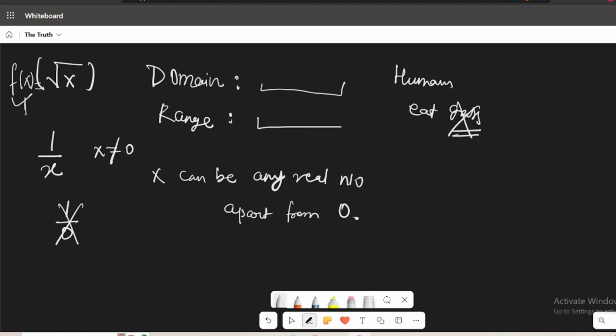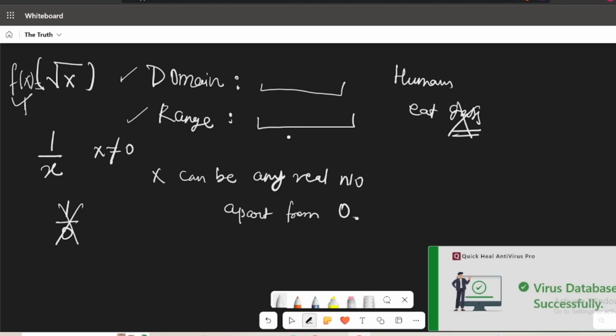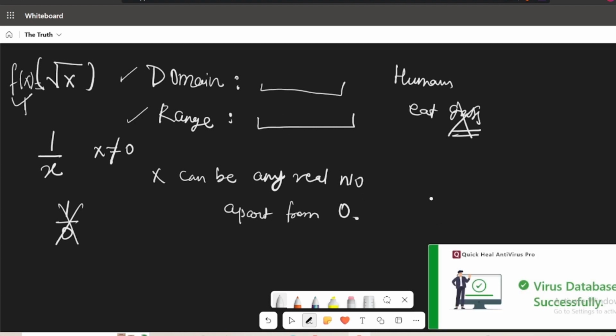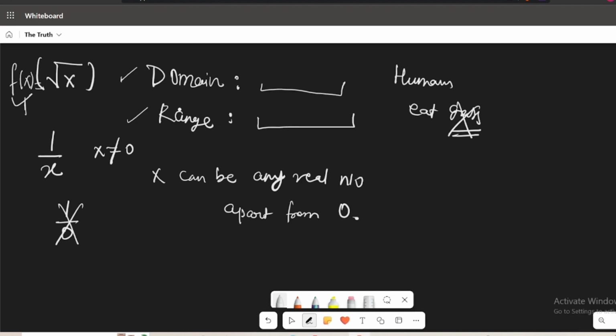So what's the range? Now, if you have understood what's the domain, so what's the range? If you have some input which is called domain, so what will be the output?